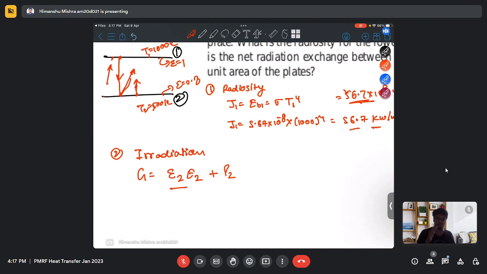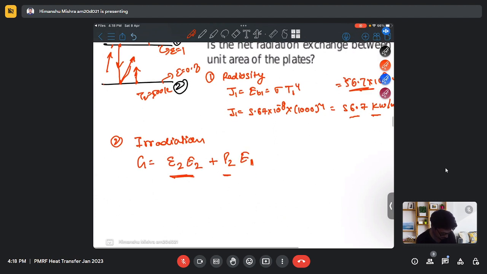So the irradiation, that means the incoming radiation for surface 1, will be from emission of surface 2 and reflection from surface 2. So this rho 2 I can write as rho plus epsilon equals 1, which means my rho 2 will be 1 minus E2.